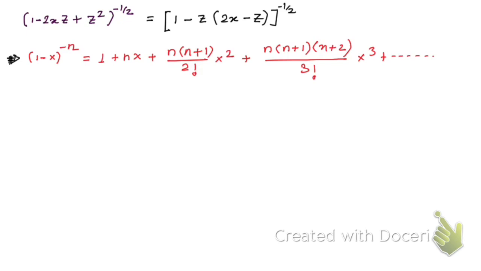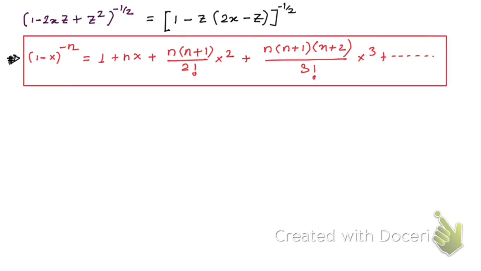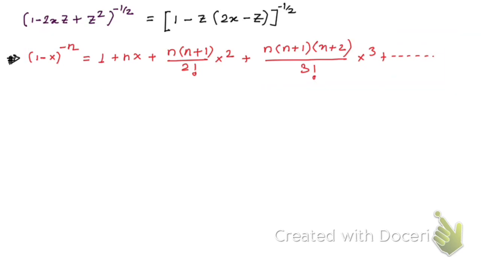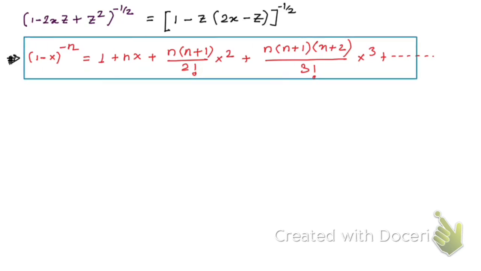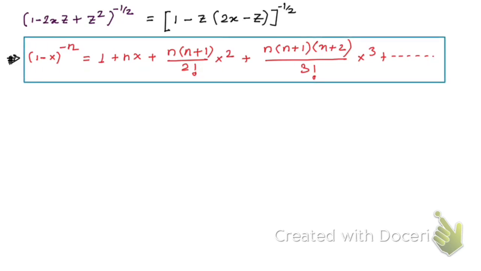So now you see, this is 1. Now let us consider this part as x and consider minus half as minus n. If we use this binomial expansion, here we're going to compare this with 1 minus x whole to the power minus n.